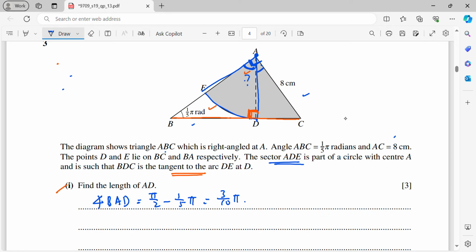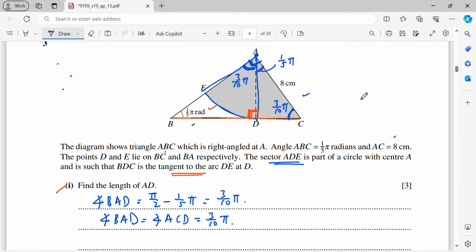So here is 3 over 10 pi, and here is 1 over 5 pi. So this is also 3 over 10 pi. Angle BAD equals angle ACD, which is 3 over 10 pi.